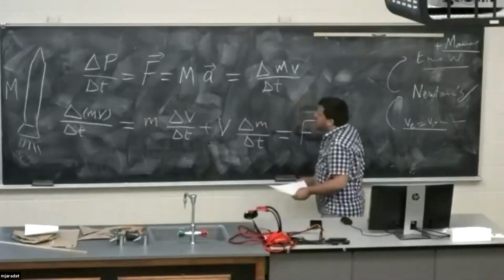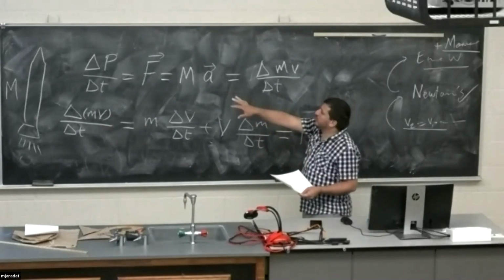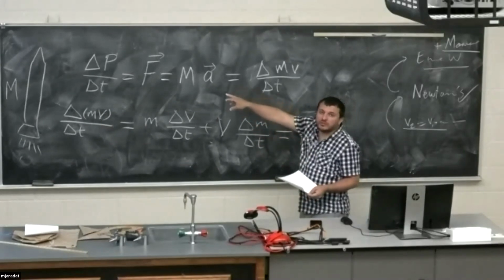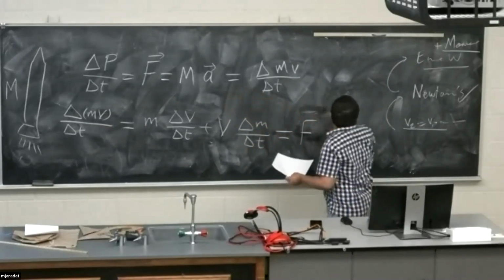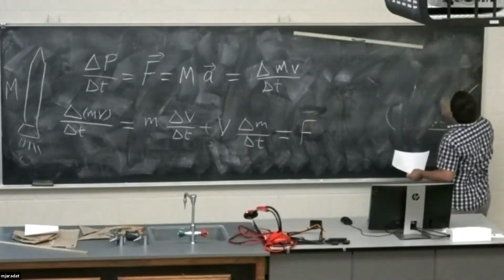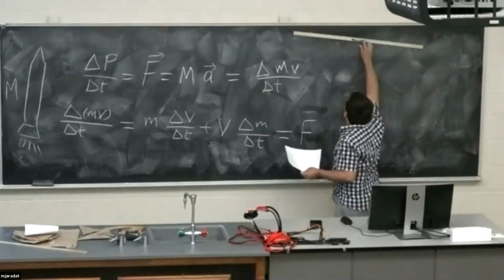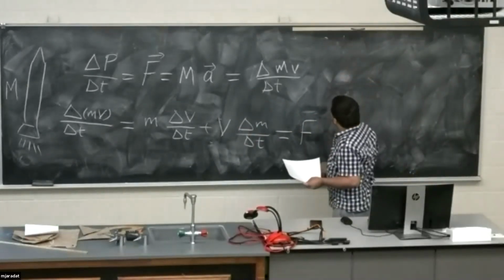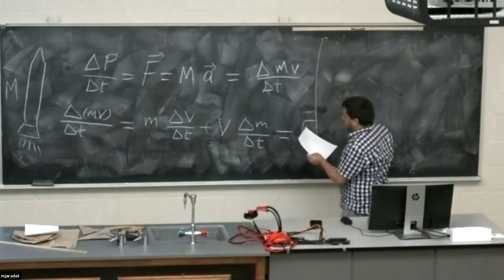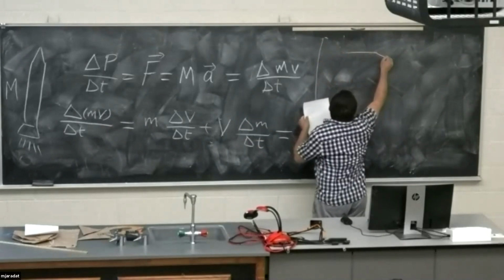Now, let us solve an example. We have change in momentum equal to the force. This force will act on the rocket and make it move forward. Okay, in our example, we have this rocket.